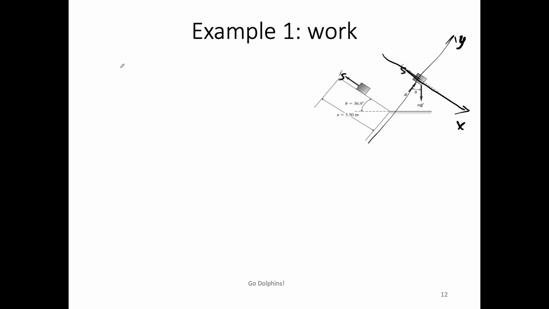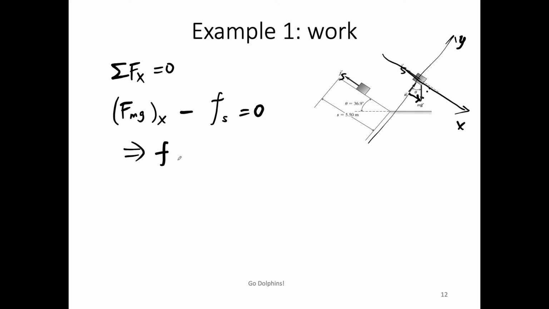So net force in the x direction is 0. Let's see, in the x direction, N doesn't have an x component, mg does have an x component, and the x component of mg subtract friction is 0.